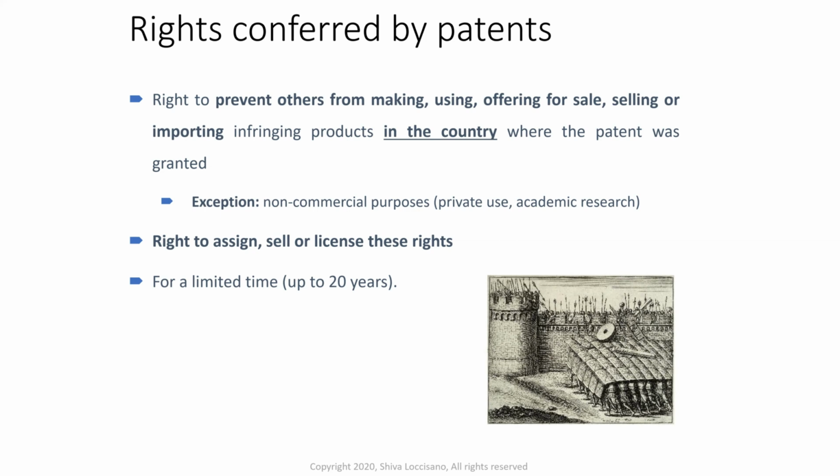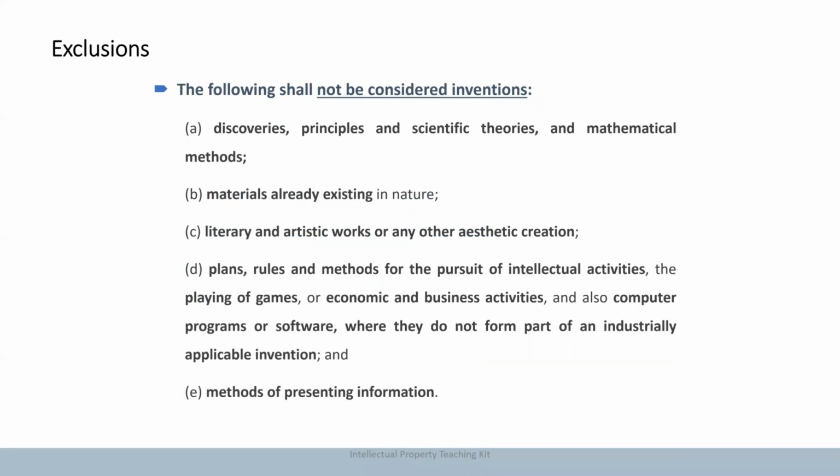And the time limit for the life of a patent is 20 years. Then after the 20th year from the date of filing, the teaching contained in the patent document becomes public, and everyone is free to use that knowledge even for commercial purposes.